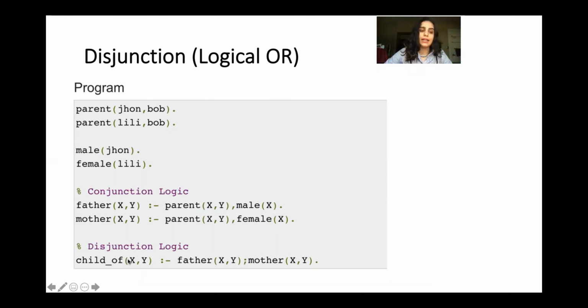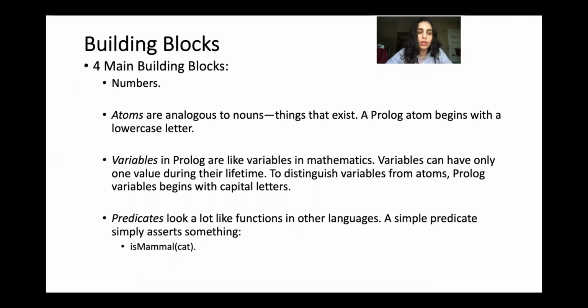So we're going to say that X is the child of Y if there's a father or if there's a mother. So either one of them makes X the child, if it has a dad or if it has a mom.